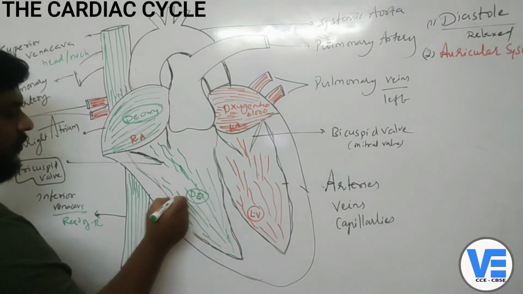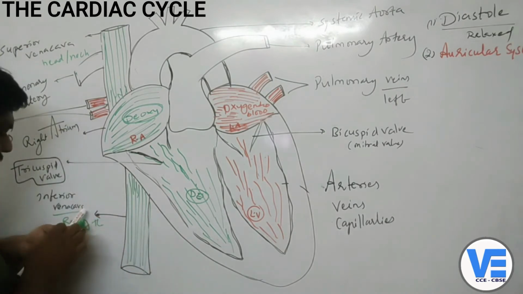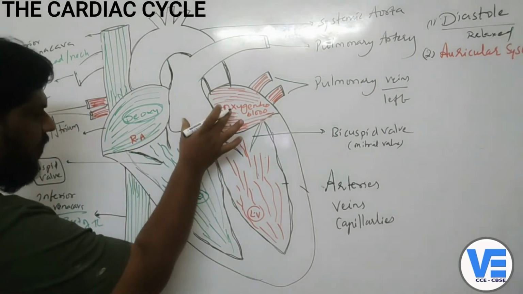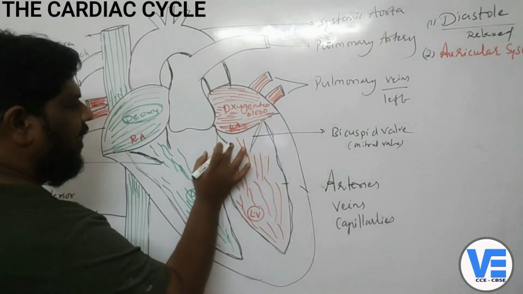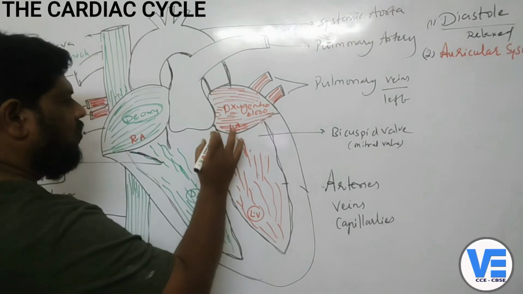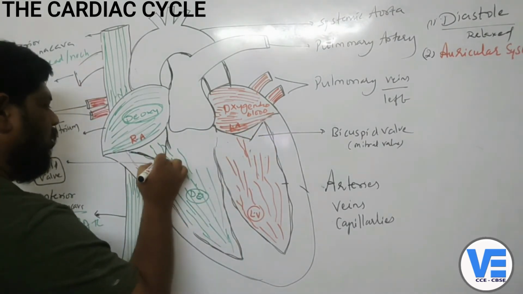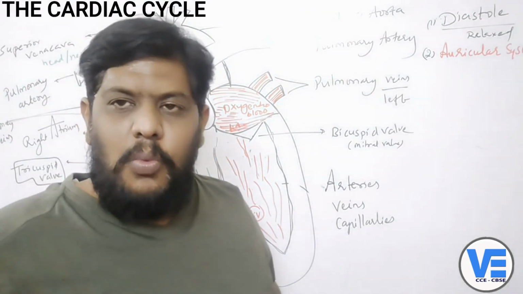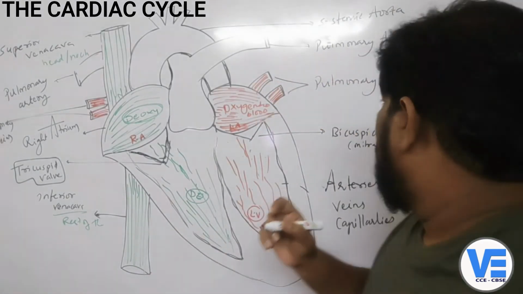So now what happens here is, when these two release the blood into the ventricles, within no time these two have to close. So they will close, but they will give a sound. When they close, they will give a sound, and that sound is lub.